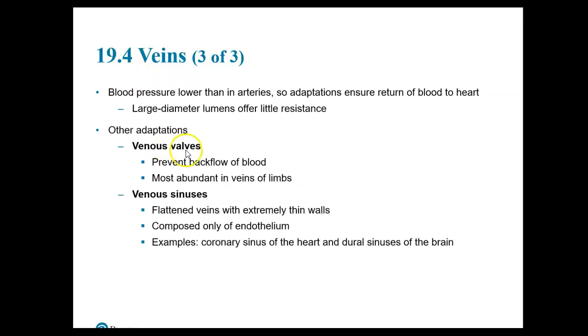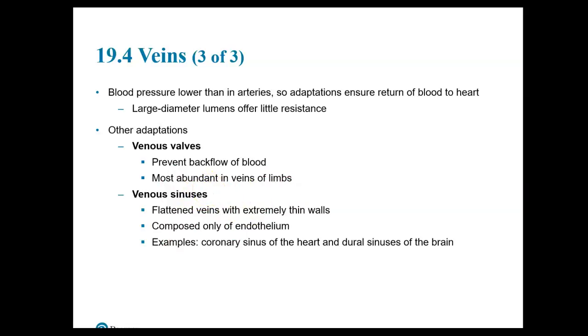There are valves in veins, which arteries don't have. Once blood passes a valve, the valve won't let it go backwards. They're most abundant in the veins of the limbs, particularly the legs.